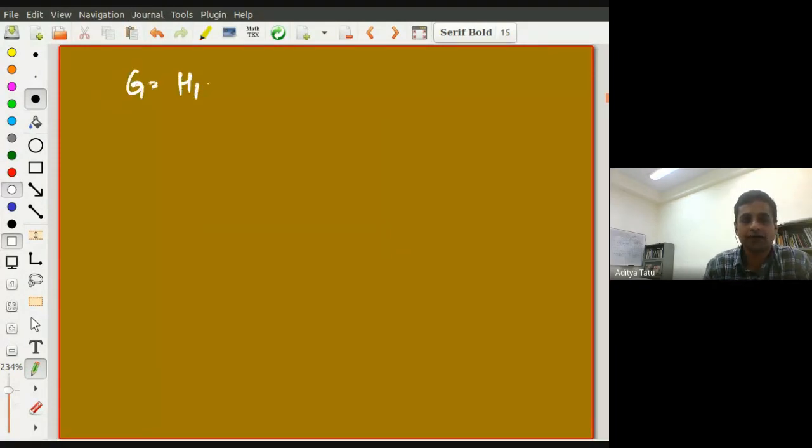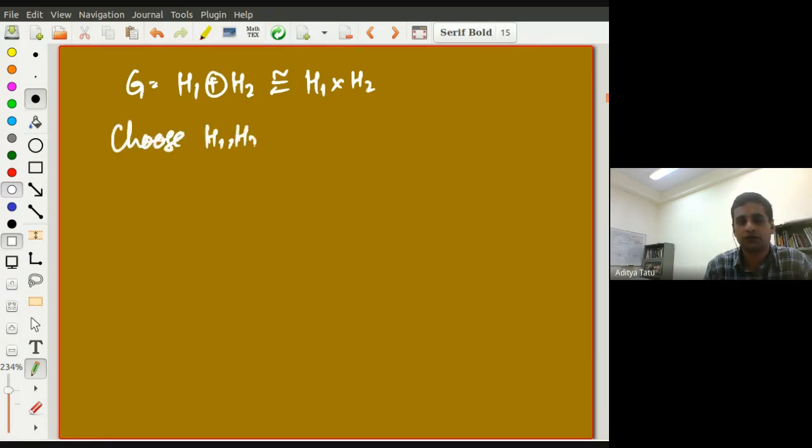So if you want to decompose the group G into a direct sum of two subgroups, what kind of subgroups should you choose? One, of course, H1 intersection H2 would be just the identity.